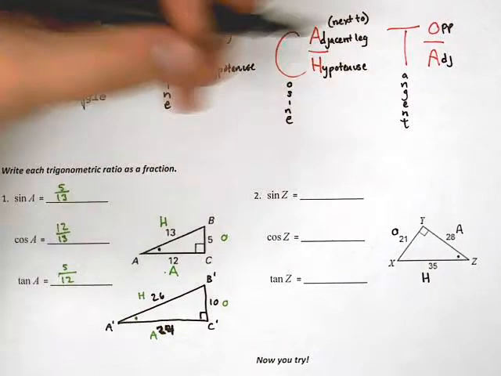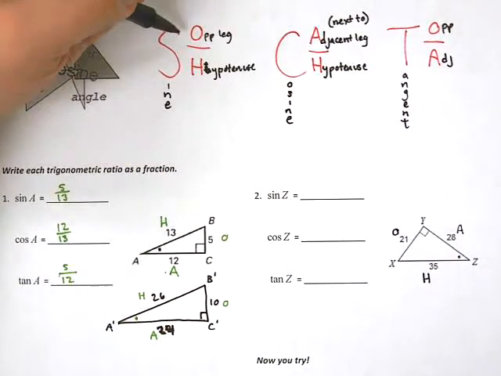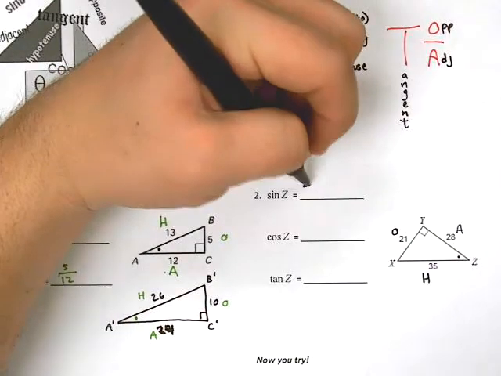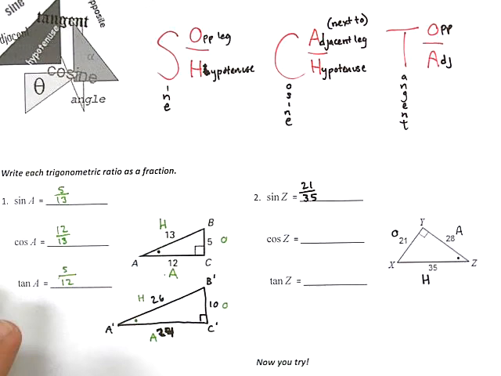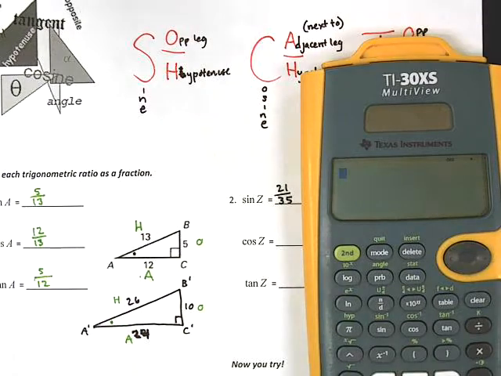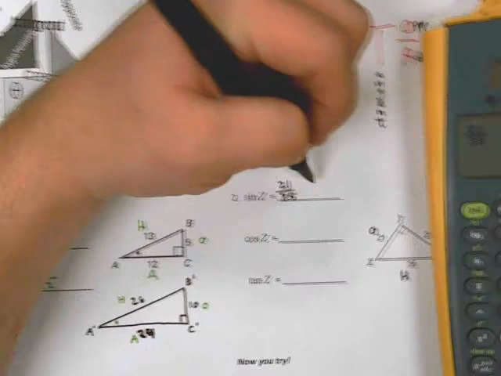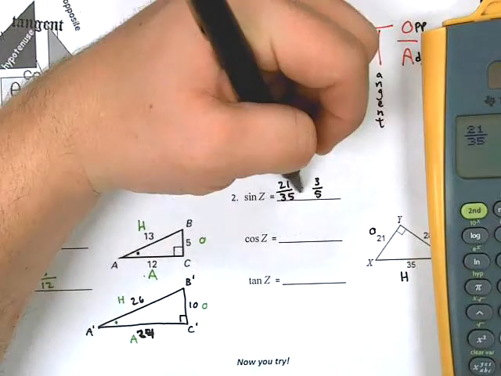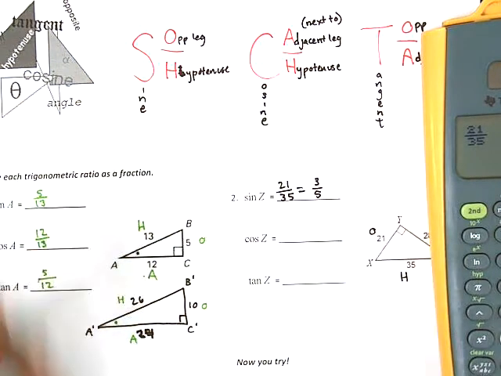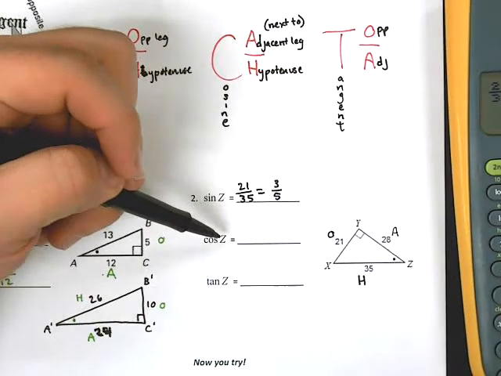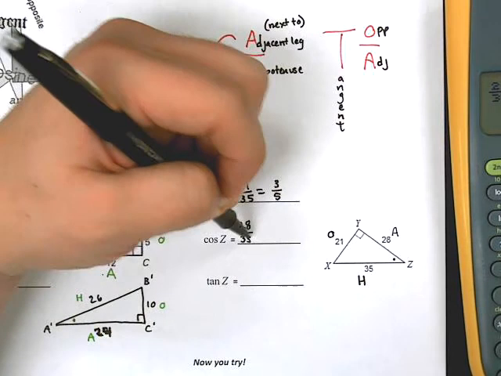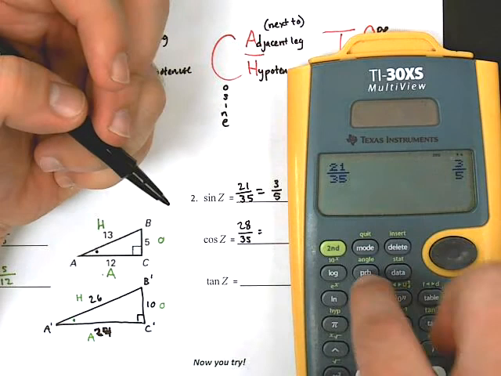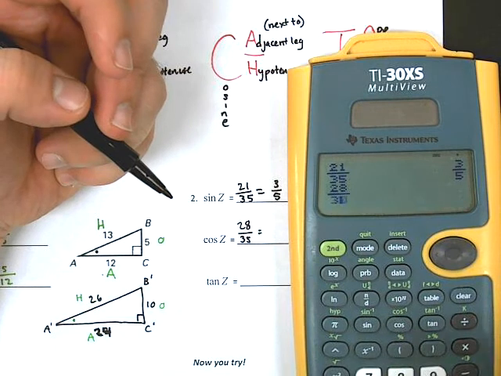Well, sine, we learned O over H, 21 over 35. One thing I strongly encourage you to always do is try to reduce your fractions. 21 over 35. Hey, 3/5, nice. Okay, so always reduce your fractions. The cosine of Z, or the adjacent over the hypotenuse, will be 28 over 35, which then again, when we try to reduce, should be 4/5.